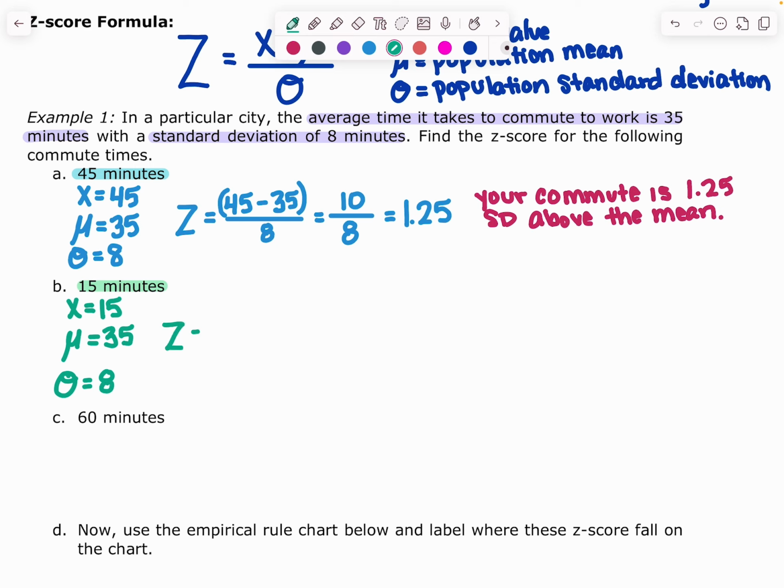So z equals 15 minus 35 divided by 8. And again, I'm going to put parentheses around the top. 15 minus 35 is negative 20. Negative 20 divided by 8 is negative 2.5.